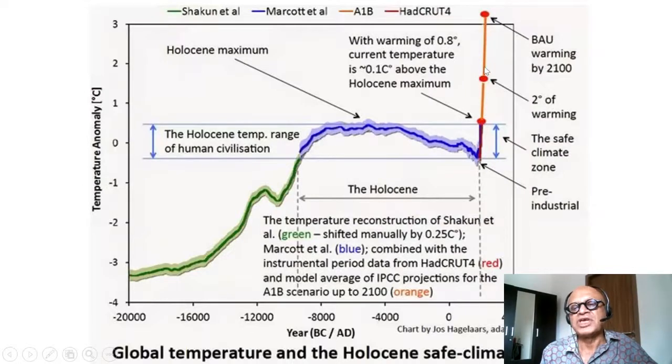And this is putting in the future scenarios of warming from various assumptions built into the scenarios under the so-called IPCC assessment, the third assessment report, which came out in 2007.